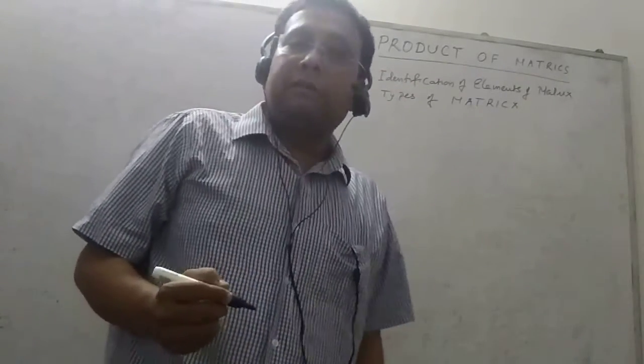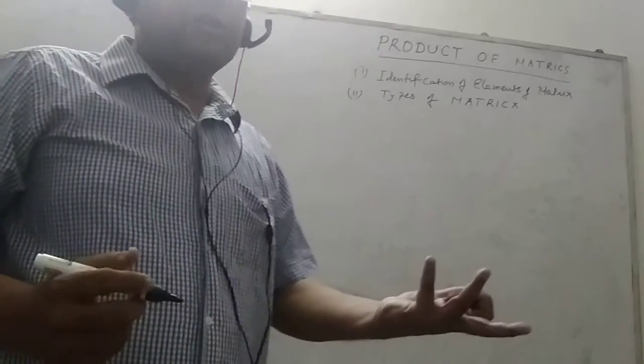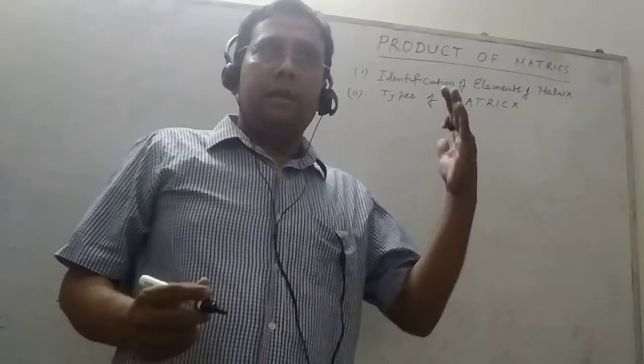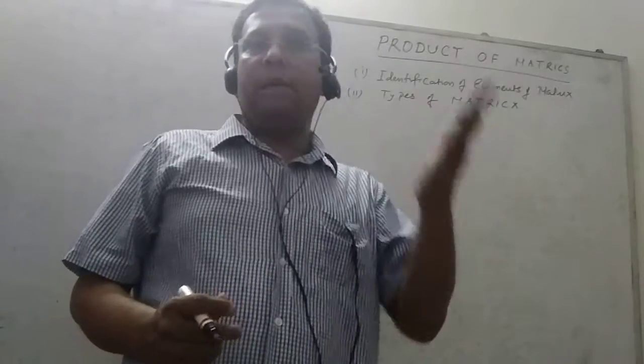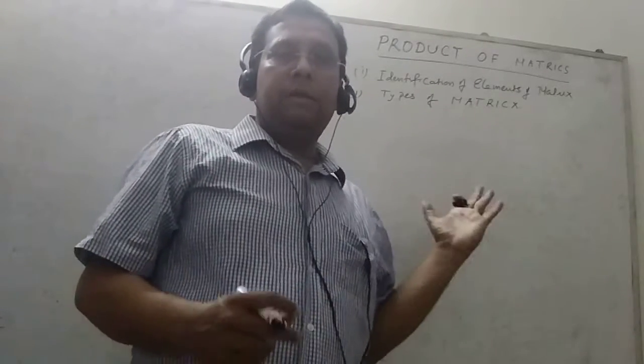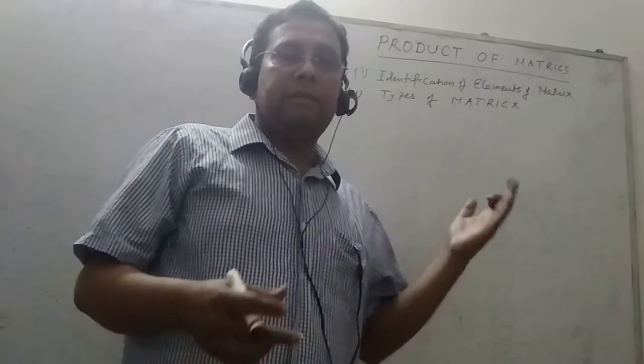What is the product of the matrix? In algebraic operations we have done, say x and y, xy, x square and y. Similarly, if I am given two matrices, matrix A and matrix B, then if I multiply these two matrices, it is called the product of matrix.